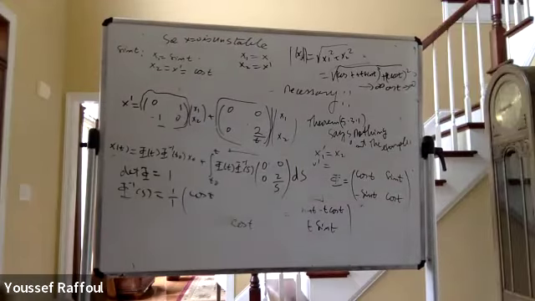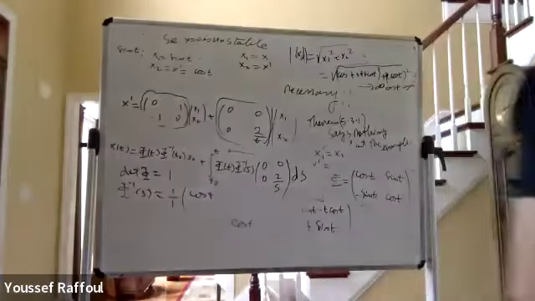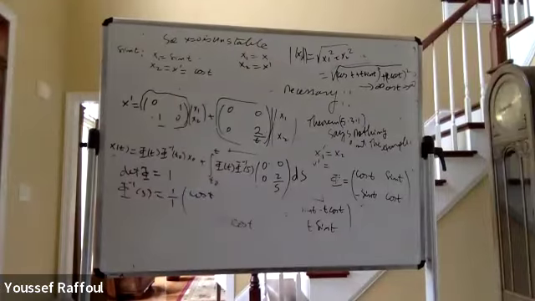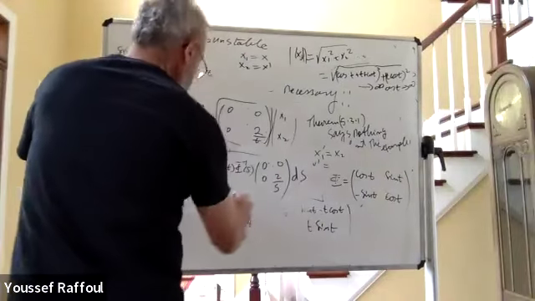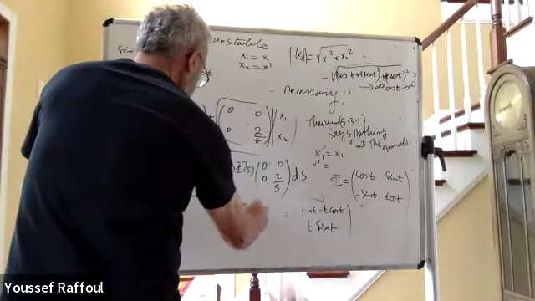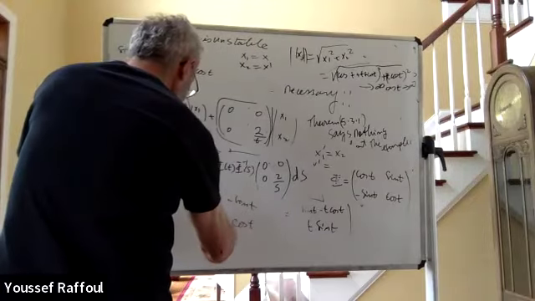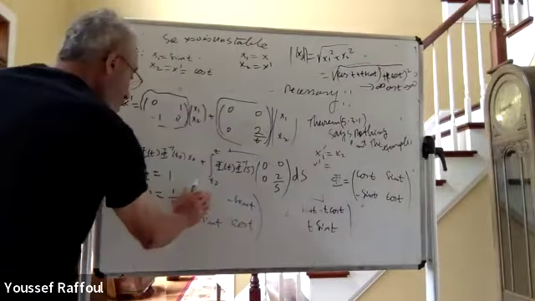do you still remember the inverse of the matrix? It's d, minus b, minus c, a. Minus sine t, sine t. And this is supposed to be s.